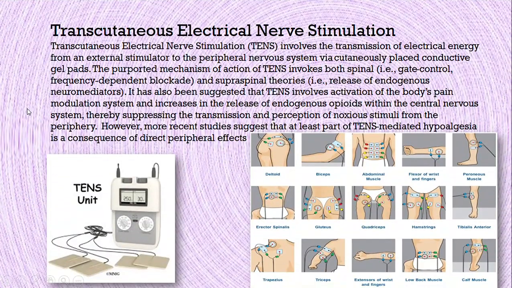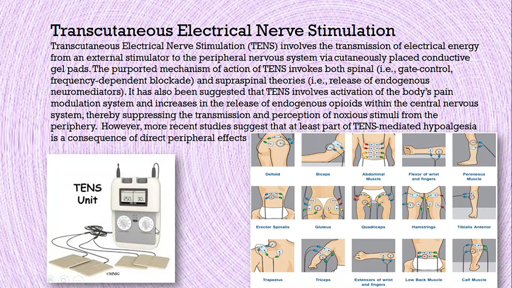So the first type of electroanalgesia will be transcutaneous electrical nerve stimulation, shortly TENS, and it involves the transmission of electricity from an external stimulator to the peripheral nervous system via cutaneously placed conductive gel pads.